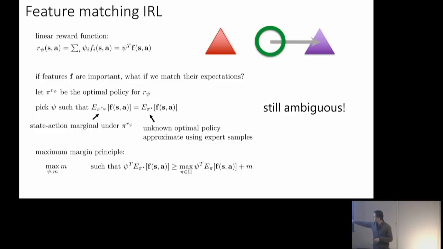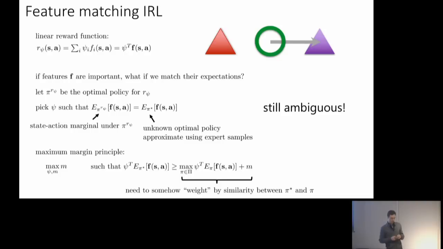Now, this problem of maximizing the margin, those of you that remember perceptrons and support vector machines will immediately recognize. Of course, usually we don't want to formulate the problem quite like this because we have these complicated constraints. So we have to do a couple of things. First, we have to reformulate the problem in a tractable way. And second, we need to explain what it really means to have a larger reward than any other policy, because there are infinitely many policies and some of them are very similar to each other.